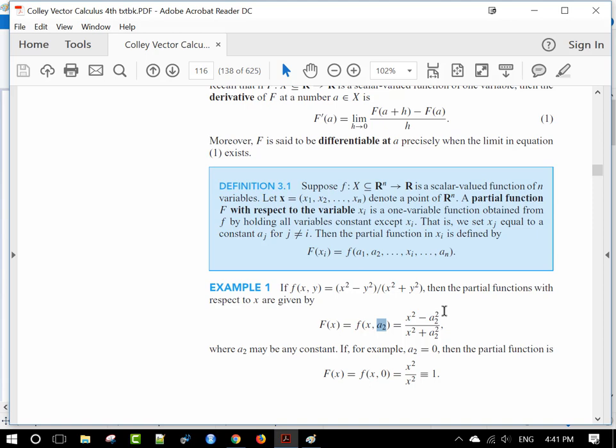And this is now just a function of x. So this is called a partial function with respect to the variable x sub i, in this case with respect to the variable x. I guess the reason we use the word a instead of the is that we could choose different a's here. Given any particular a that we choose, we get a partial function. So there's more than just one.